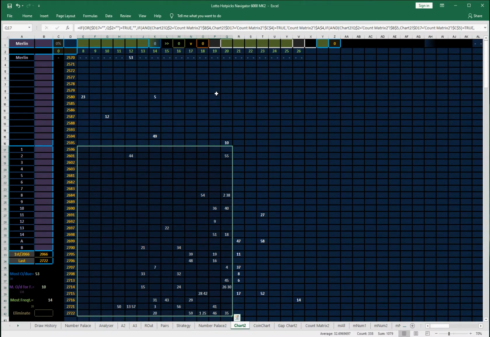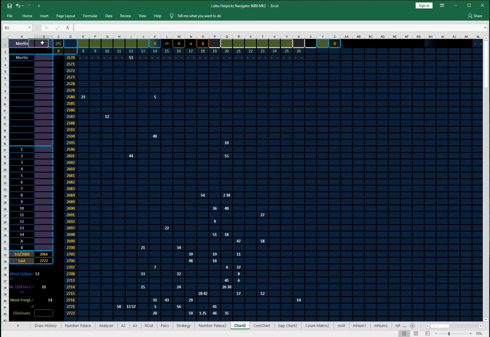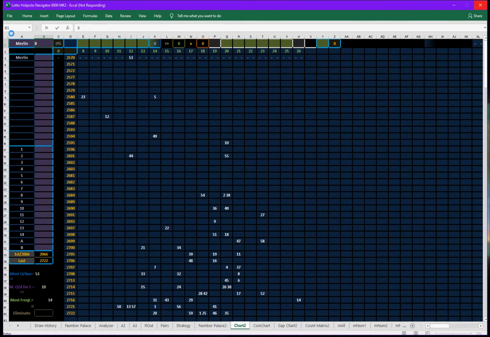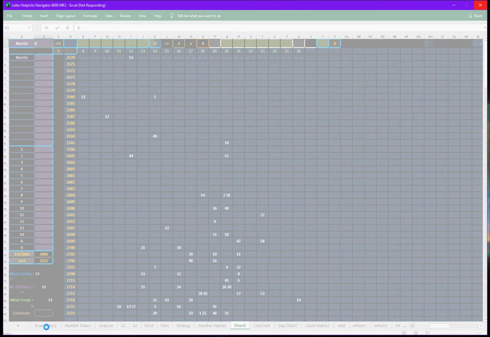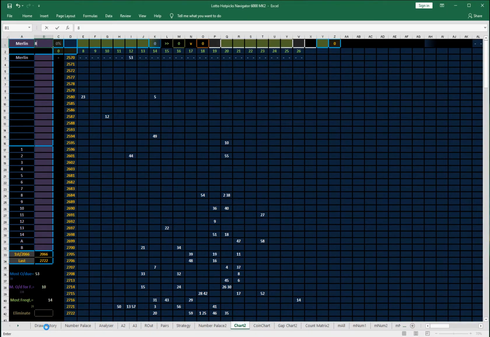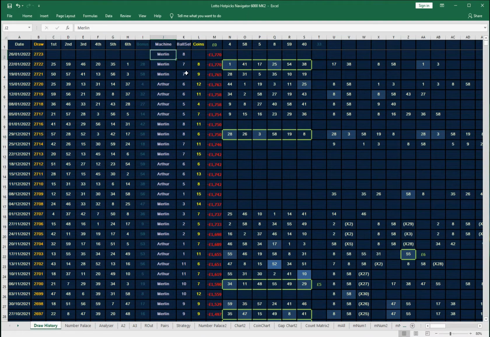So we've got different charts for different machines, and then we've got different charts for different ball sets. And what we can also do is just look at the draws where that machine and that ball set was used. So the ball set pattern is incremental. Each week it increases to the next number.